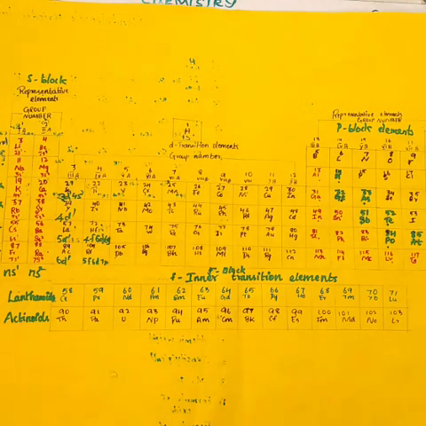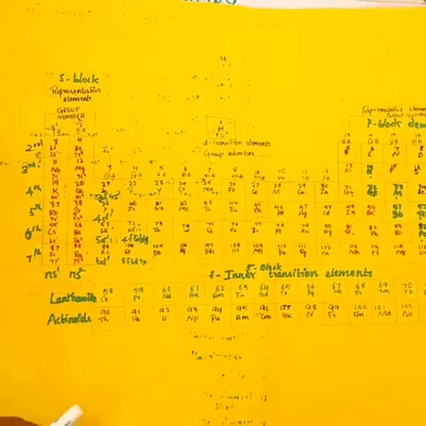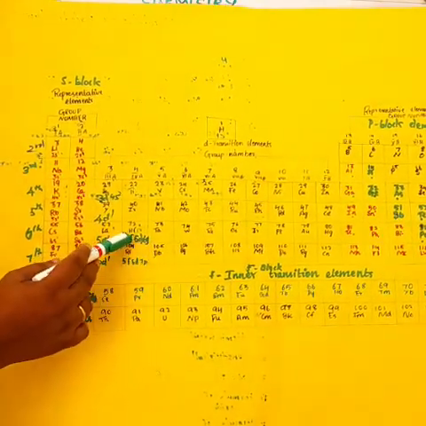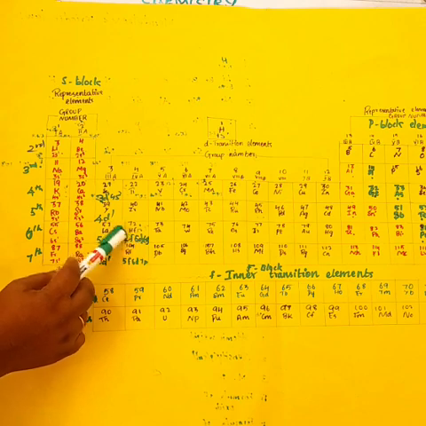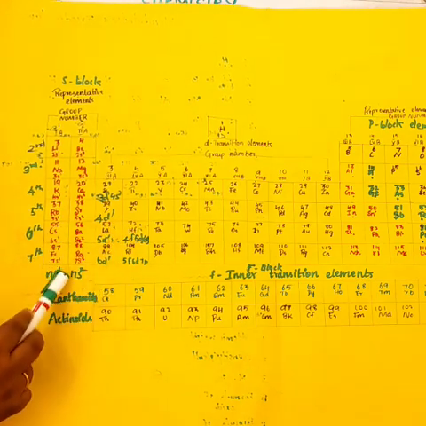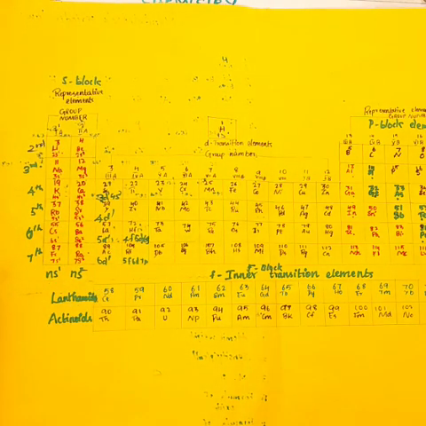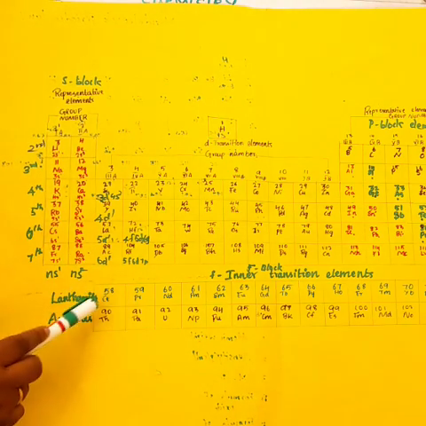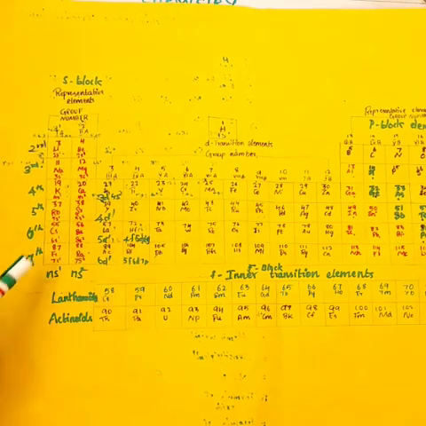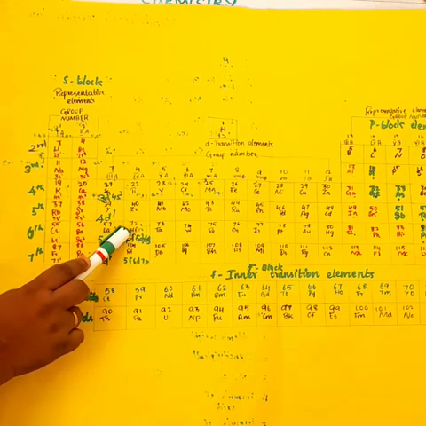The sixth and seventh periods have the inner transition elements. The sixth period inner transition elements we call the first inner transition series, otherwise called lanthanides.